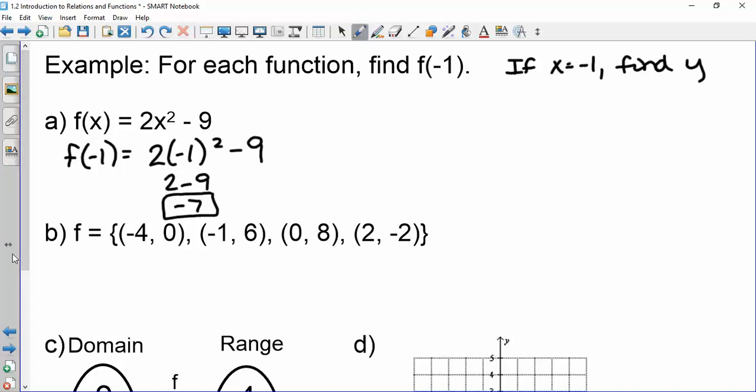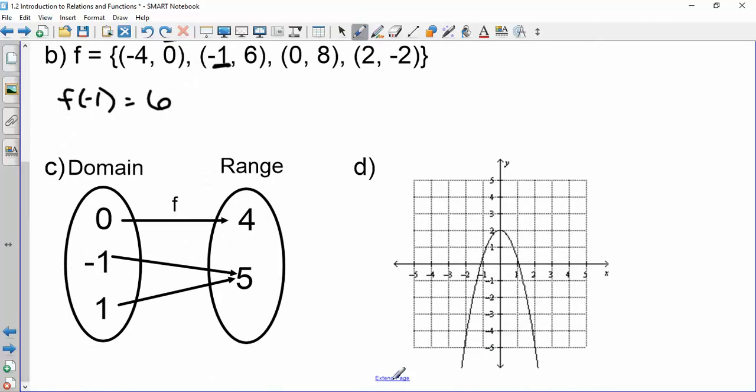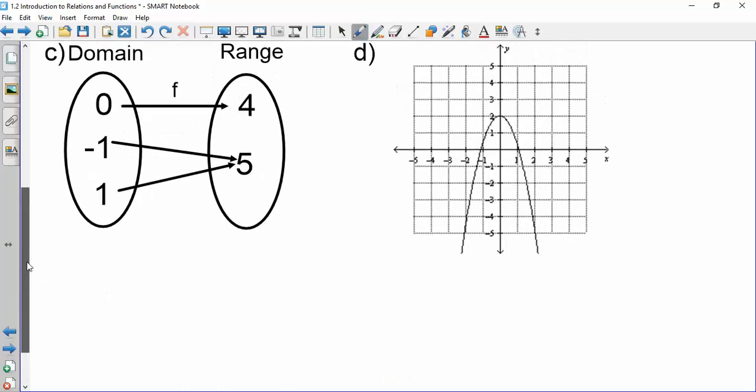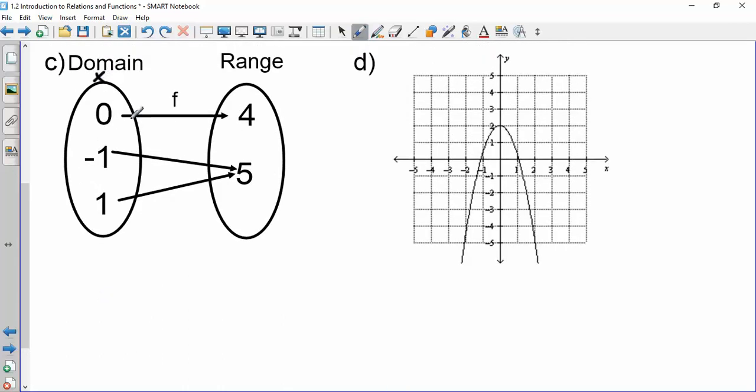When I give you ordered pairs, this means the x is negative 1. So you find the point when x is negative 1, and what's the y value there? Okay, when I have a mapping, my domain, that's my x.